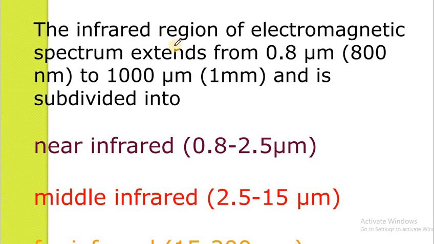The infrared region, that is IR, in the electromagnetic spectrum, extends from 0.8 micrometer to 1000 micrometer, and is divided into 3 main parts, as we have seen in the UV region.